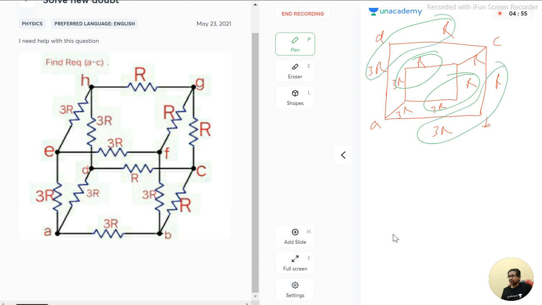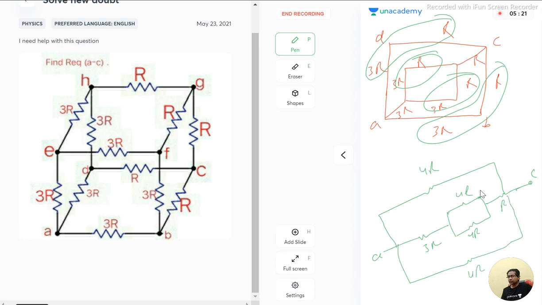So that means this is A, this is 3R, and then we have 4R and 4R, and again we have R, and this is point C. If we look at its upper side, this is 4R. If we look at the lower side, this is also 4R.